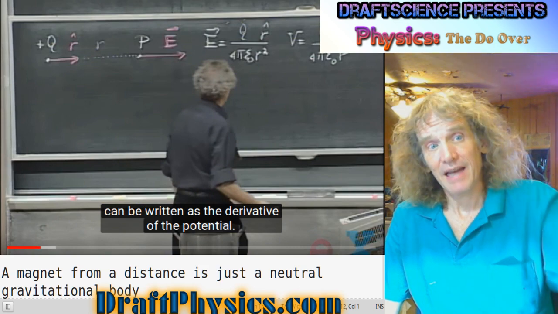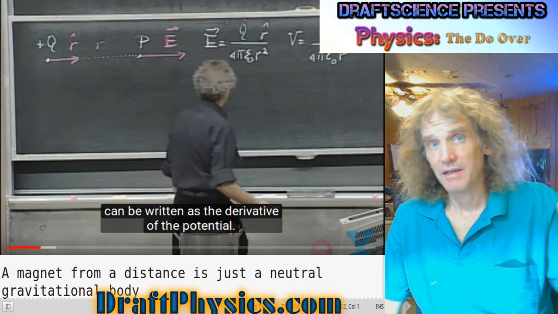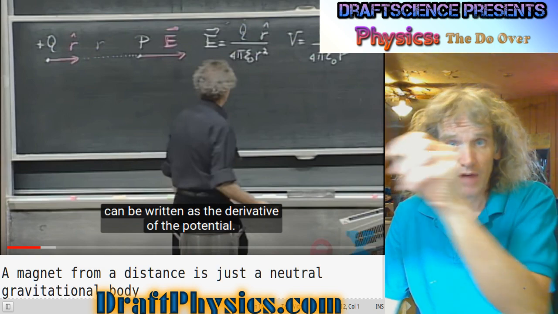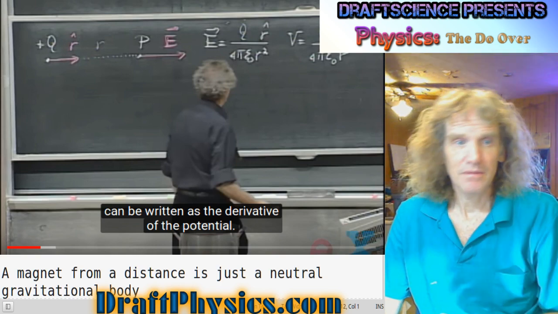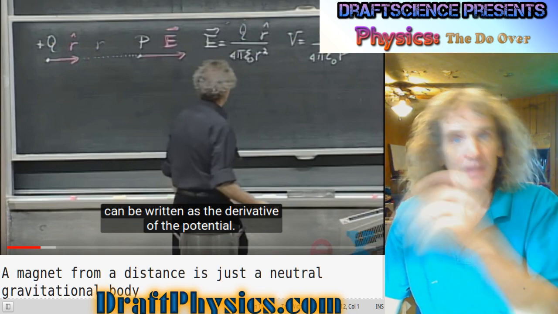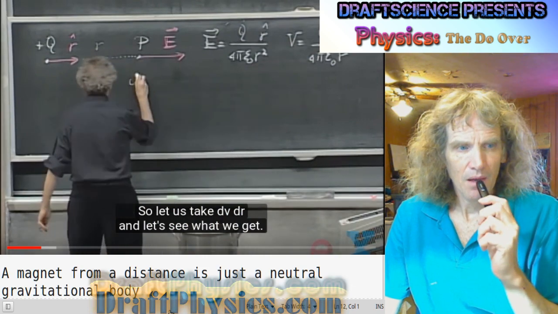The only thing you really get out of that is that it's clearly the charge over R, which just means that the voltage drops in half proportional to the distance. If you go twice as far away, you have half the voltage. Three times, one third. So let us take dV/dr.